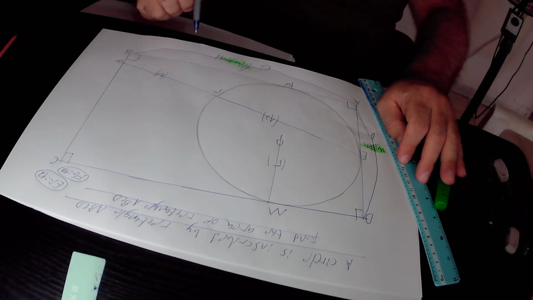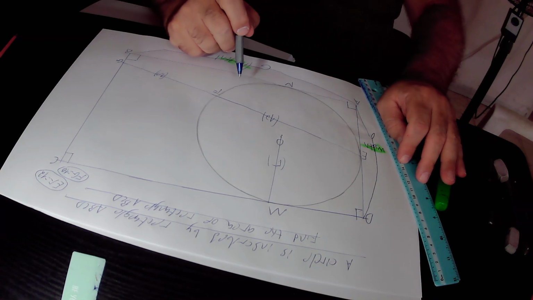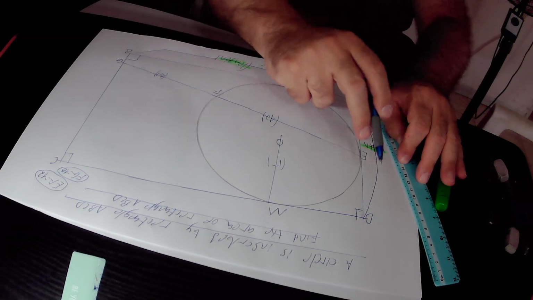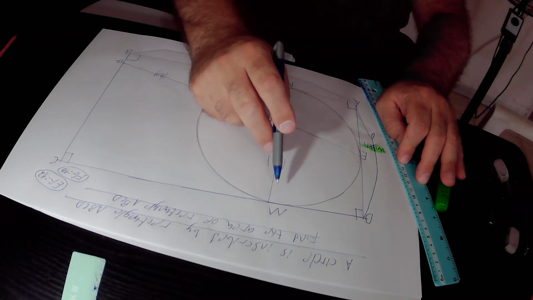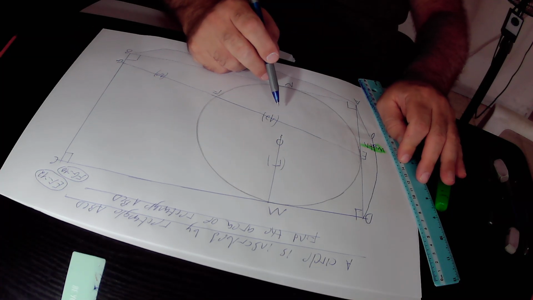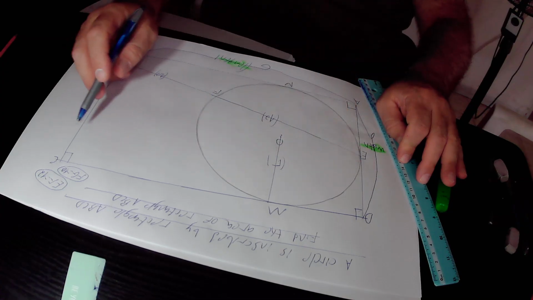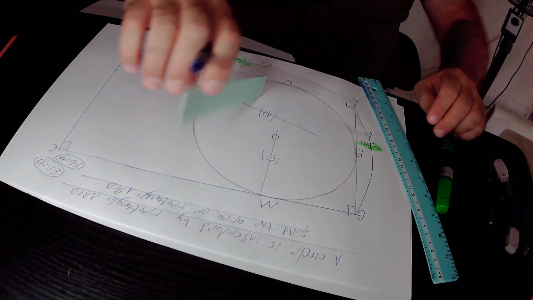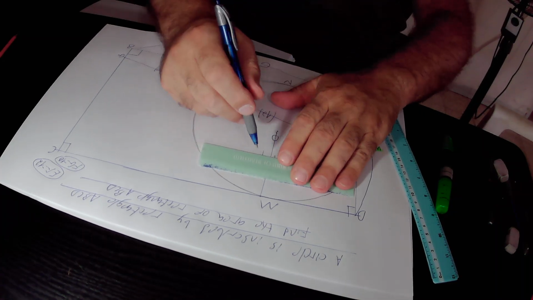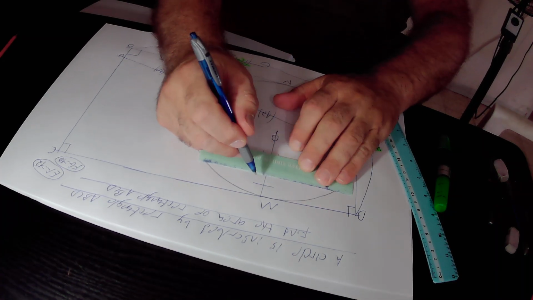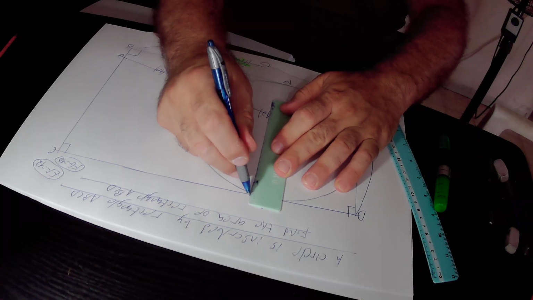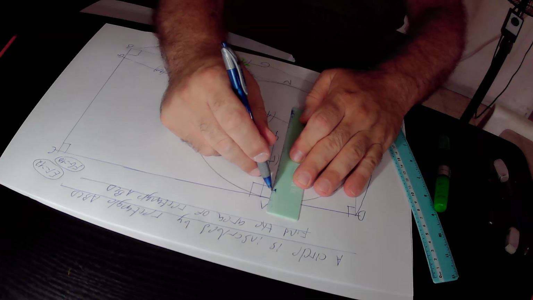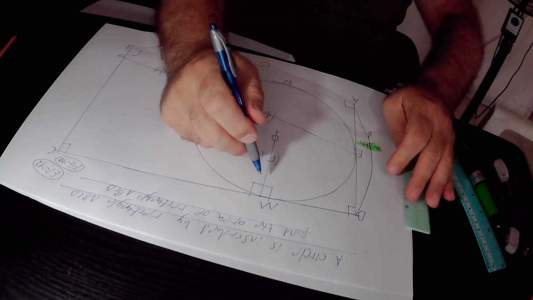And whenever you have a radius that is drawn to the point of tangency, then tangent DC will be perpendicular to the radius MO, according to rule 1. If DC is perpendicular to MO, it means that this angle equals 90 degrees. And this angle also equals 90 degrees, according to rule 1.